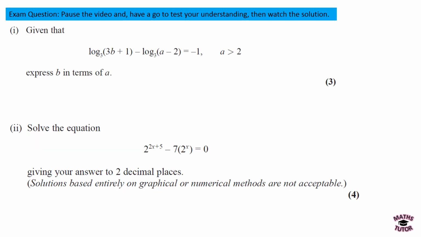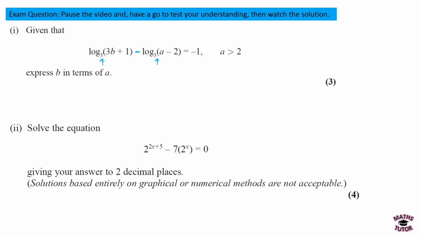Here's another exam question to have a go at, so you can pause the video, test your understanding, or just keep watching. I'm going to go through it now. So we've got this equation, and noticing that it's both terms in terms of base 3, and we've got a takeaway.